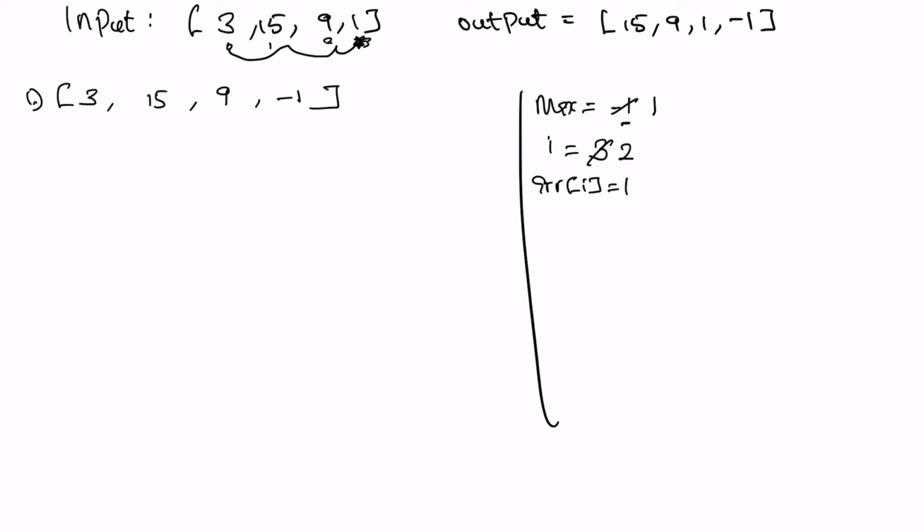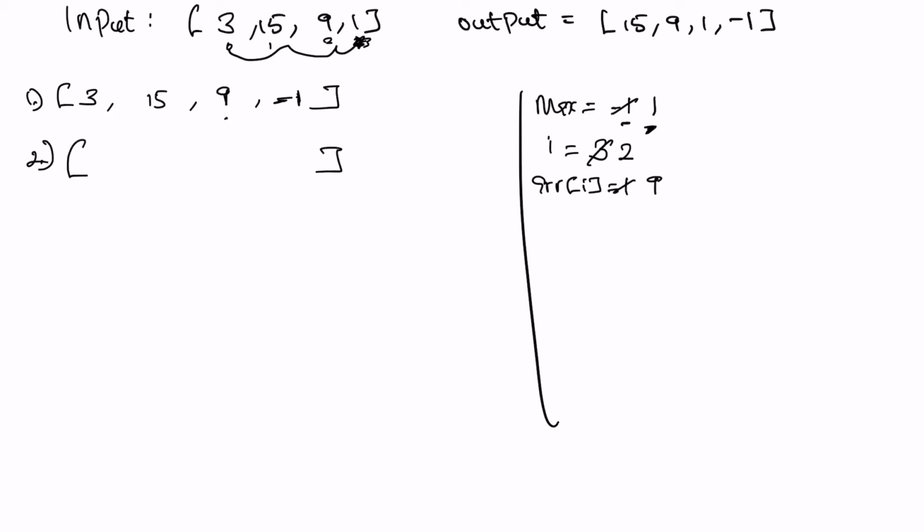So the current value at index 2, this is index 3, this is index 2, is 9. We already have a max value from the previous operation, which was 1. So we replace index 2 with the max that we have so far.